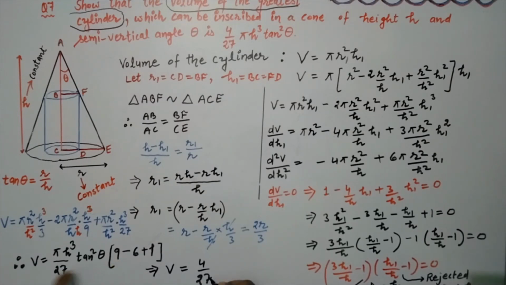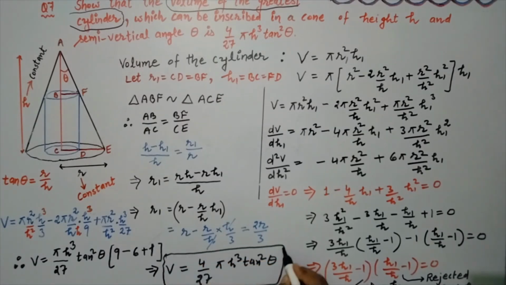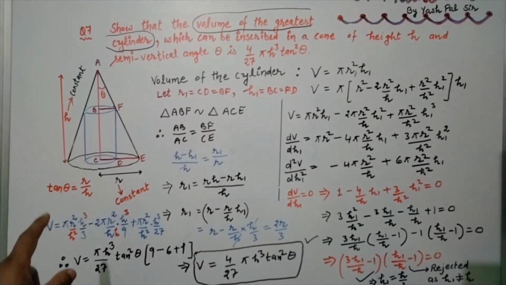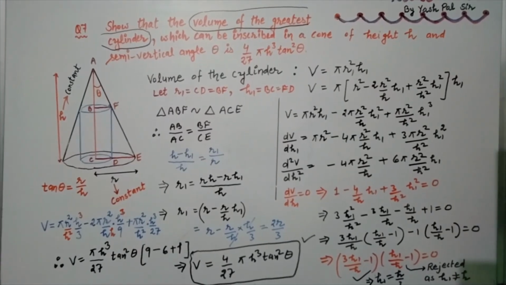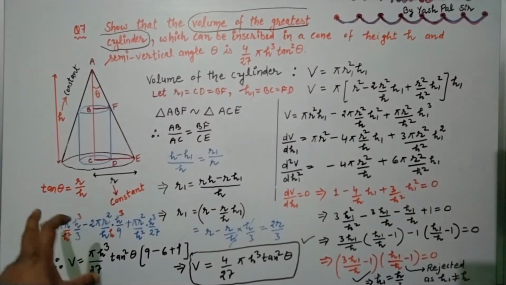So what is the meaning of this? This gives us the volume of the cylinder is equal to 4 upon 27 pi H cube tangent square theta. So this was what we had to prove, hence the result.